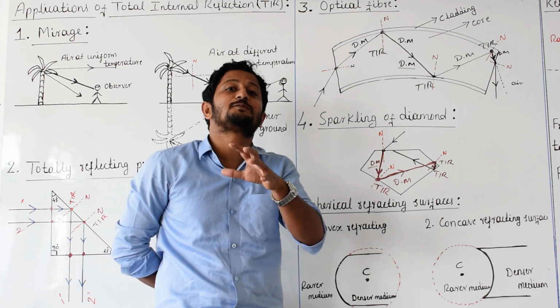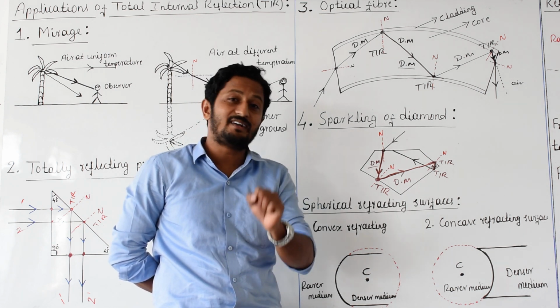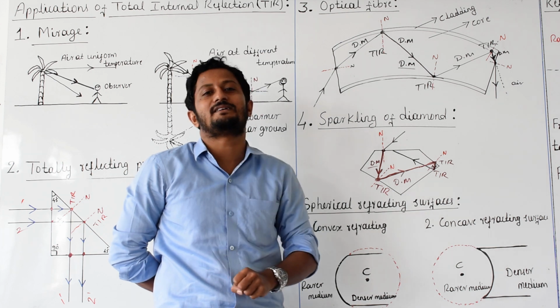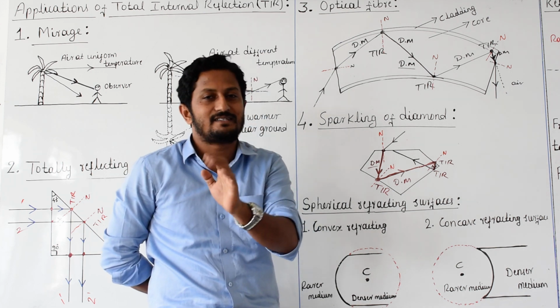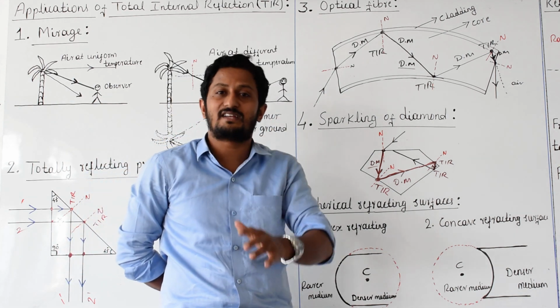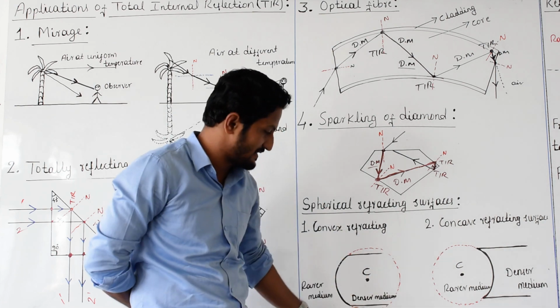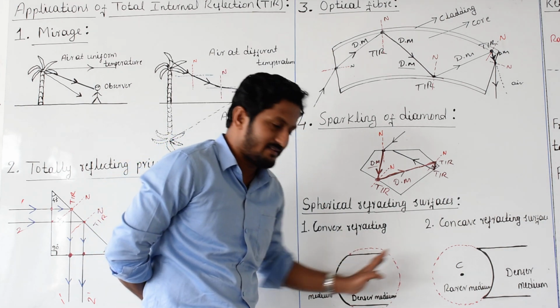a sphere of transparent material, called spherical refracting surfaces. I mean, the refracting surfaces. See, look at this diagram and go with my definition. Look at this, anyone, just now.